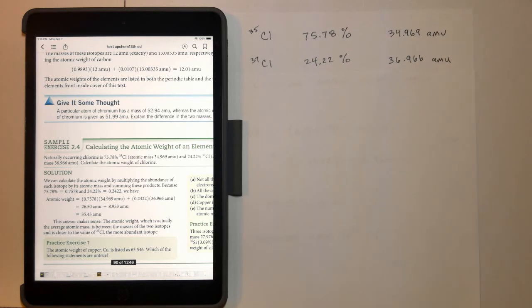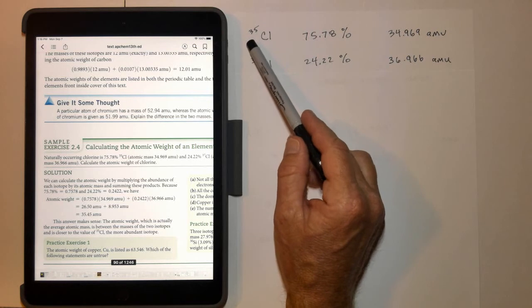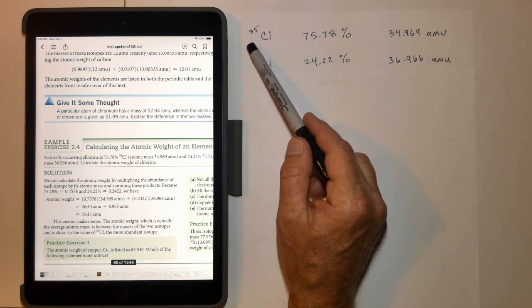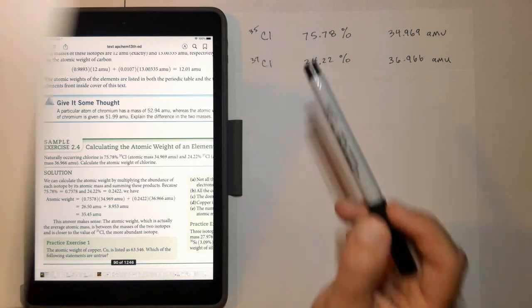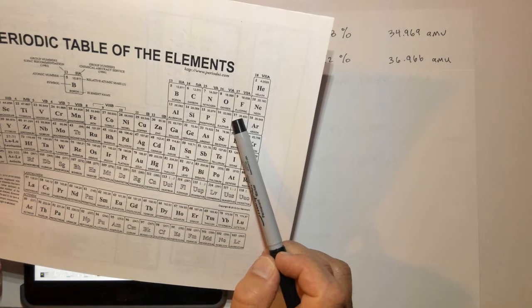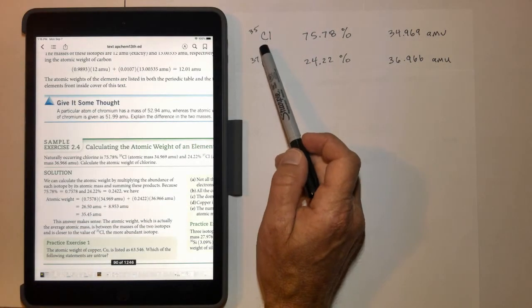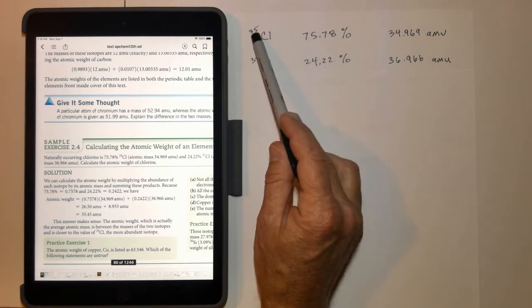If you were able to come up with a sample of chlorine gas in a tank and analyze it, you would find that 75% of it is chlorine 35, meaning that it has a total of 35 protons plus neutrons. If we looked on the periodic table, we'd see that chlorine has 17 protons, which means it would have exactly 18 neutrons to be chlorine 35.